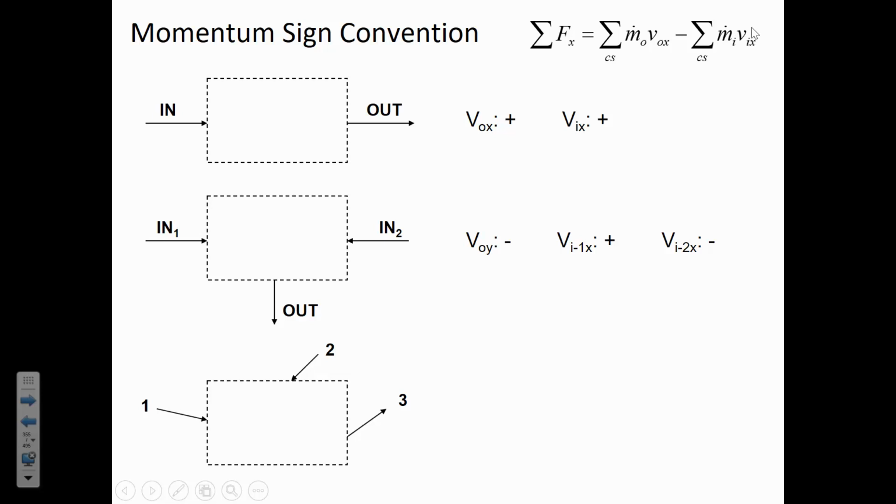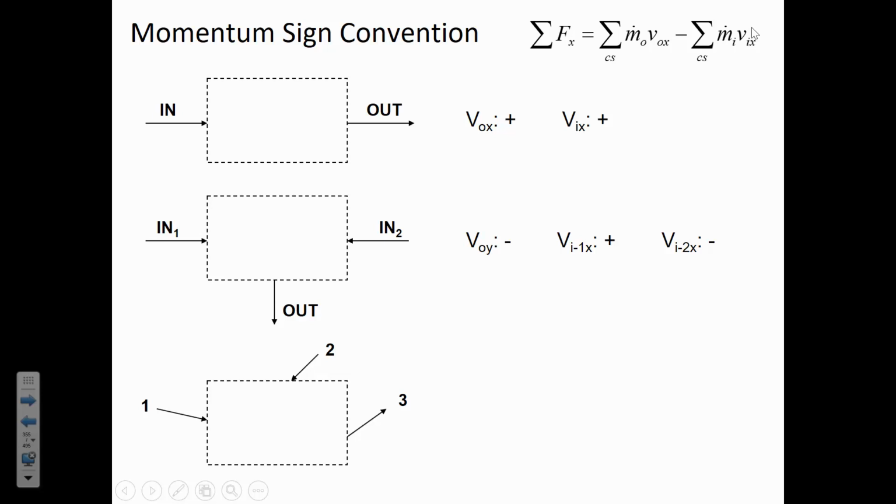All right, so stream 2. Velocity, stream 2 is an in, so velocity in through stream 2 in the x direction. Is it a positive or a negative? Negative, right, because it's to the left. Good. And velocity in at stream 2 in the y direction. Positive or negative? Negative, good, because it's down. That's right.